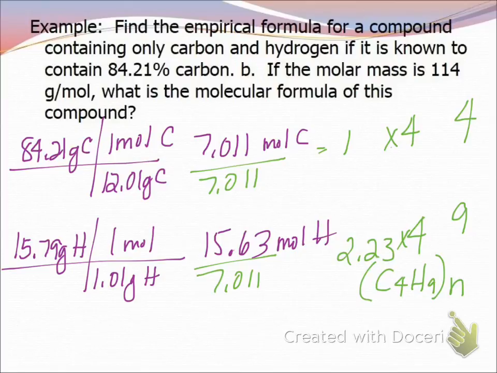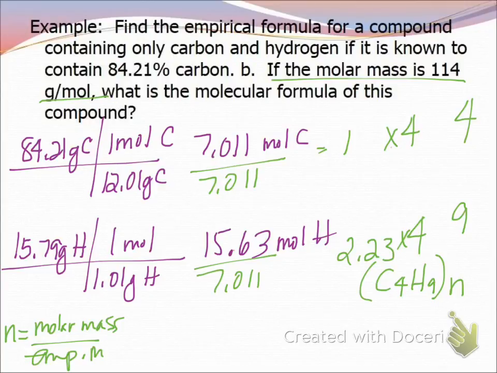Okay, so now we're going to solve for M, because the second part of that says if the molar mass is that much, what is the molecular formula? So we have molar mass over empirical mass. You will be given molar mass in the problem. So it's going to be 114 over the empirical mass. How do I get the empirical mass?